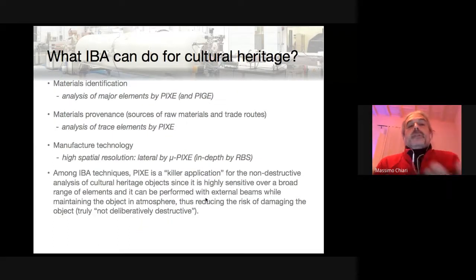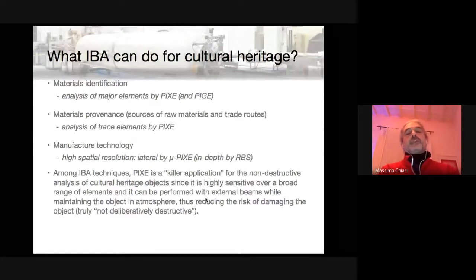For cultural heritage, IBA can be of help because the analysis of major elements, for example by PIXE and PIGE, can help in materials identification. The provenance of the material can be obtained by analysis of trace elements, by doing measurements with high spatial resolution, like, for example, by micro-PIXE, or even RBS for studying the depth distribution of elements. One can study the manufacturing technologies.